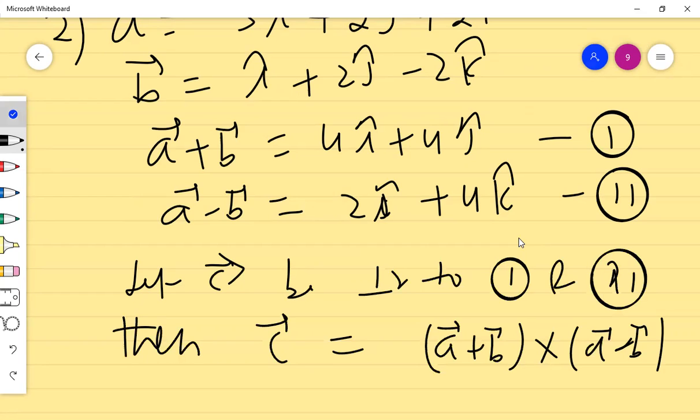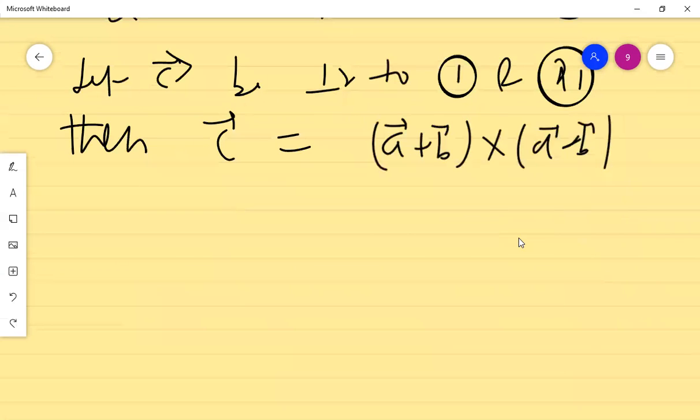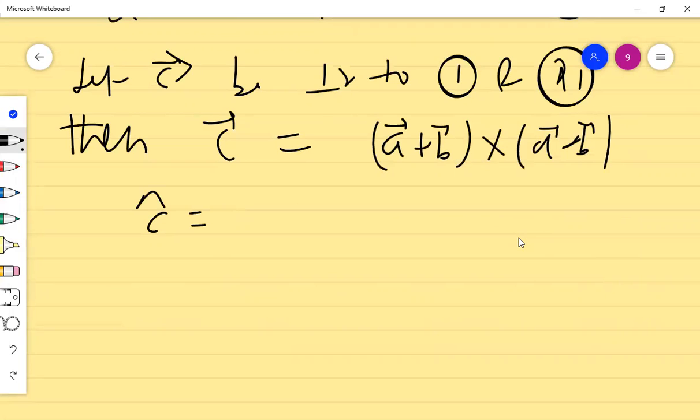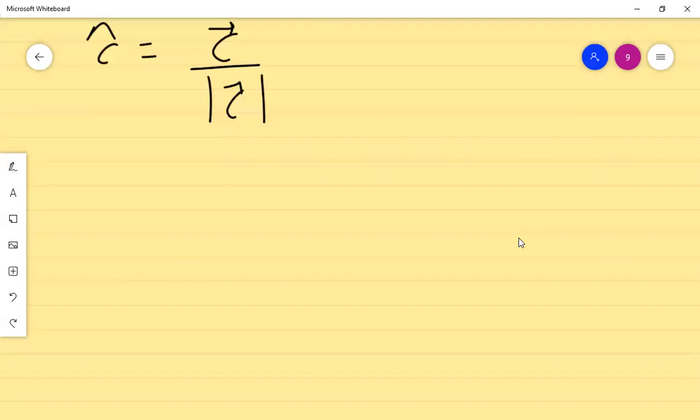So C cap equals C upon magnitude of C. First we have to find the C vector.